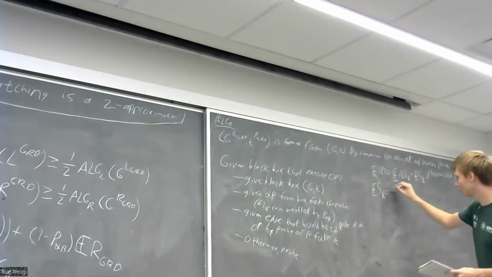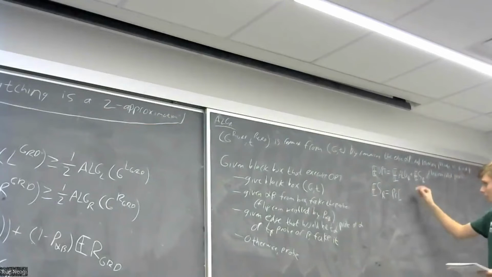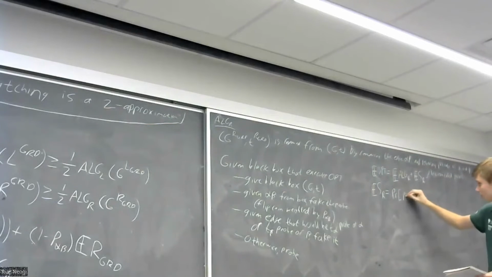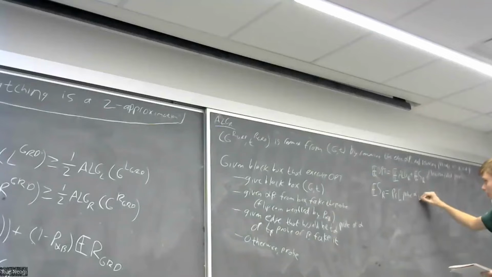So the first one is the probability that opt probes alpha beta, which I'll write as probe alpha beta, referring to opt, times the probability that that probe succeeds in opt. So if opt probes alpha beta, p alpha beta gains 1, but we gain nothing.